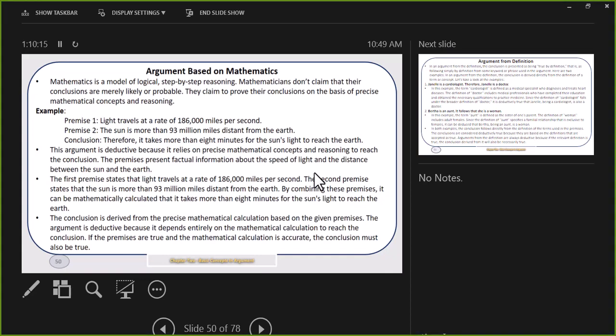Sample and percentage, yes, data or observation. Sample and percentage, right? Arguments based on statistics are always inductive arguments, whereas arguments based on mathematics are always deductive arguments. Pure algebraic or geometrical calculation or arithmetic calculation is always treated as a deductive argument.